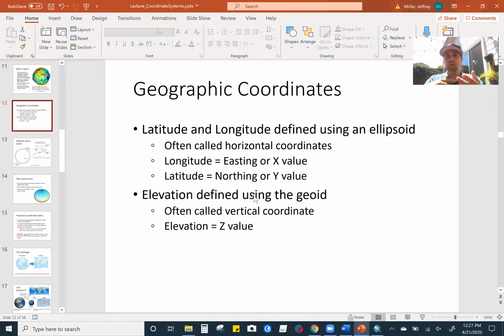In common terminology, longitude is referred to as the easting, or x value, and latitude is called the northing, or y value. For elevation, we have to have a geoid thrown into the mix as well, so elevation is often called a vertical coordinate, or a z value. Just so you know that for reference.